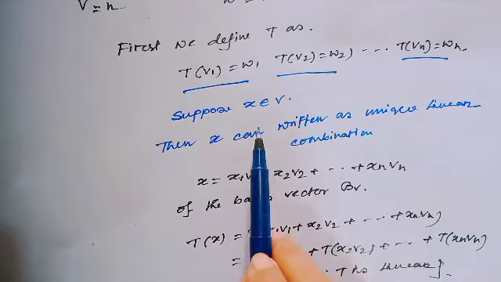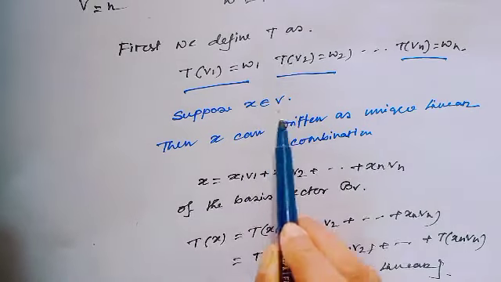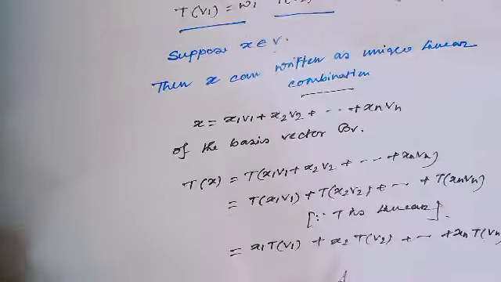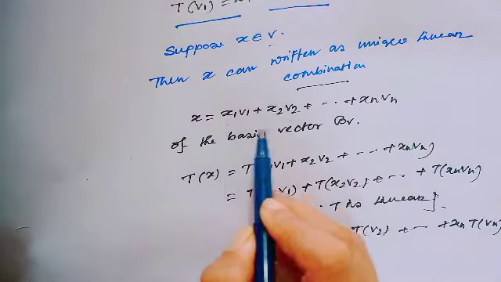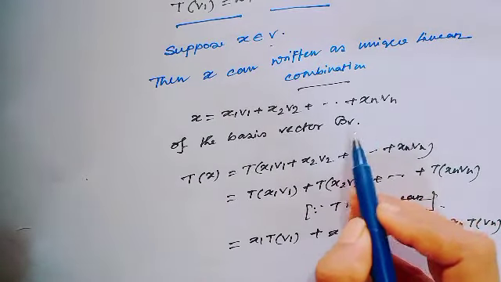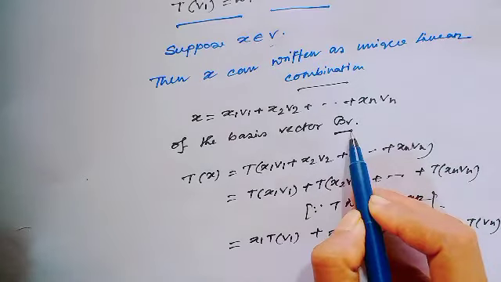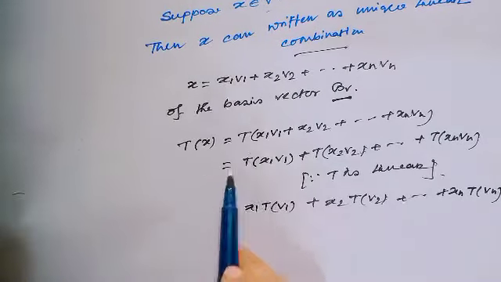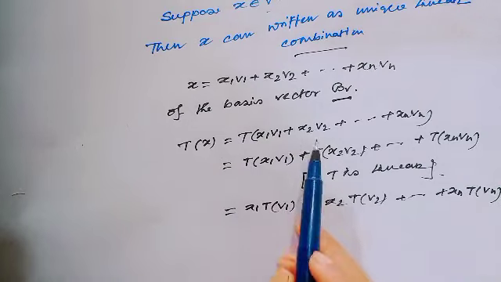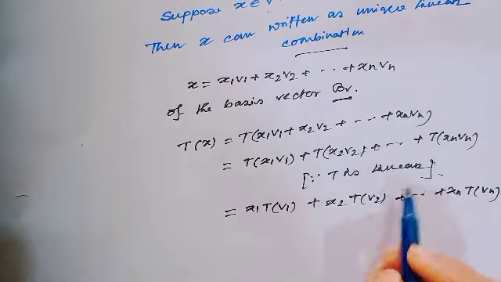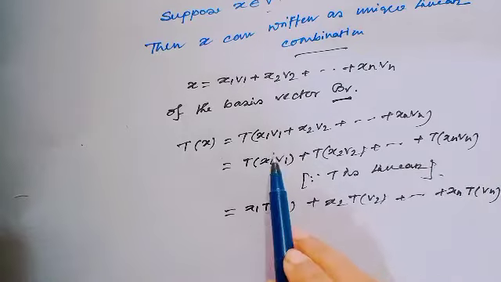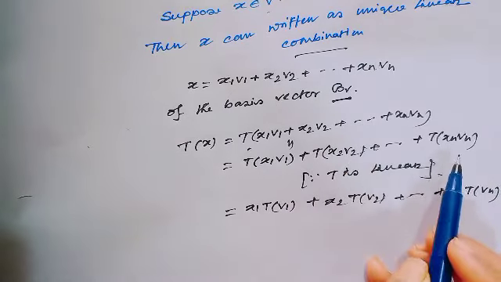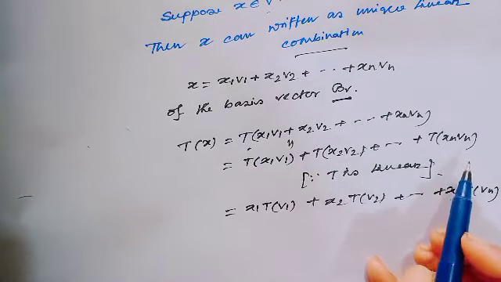Now consider any vector x from V, and we can write any vector as a unique linear combination of the basis vectors, such as x equal to x1 v1 plus x2 v2 up to xn vn. Here these are the basis vectors of BV. Now apply T on this equation both sides, then T x would be T of x1 v1 plus x2 v2 up to xn vn, and since T is linear, this means T of x1 v1 plus T of x2 v2 up to T of xn vn.